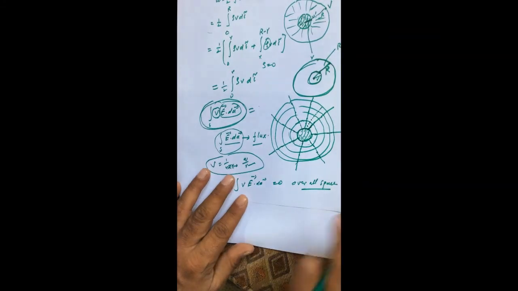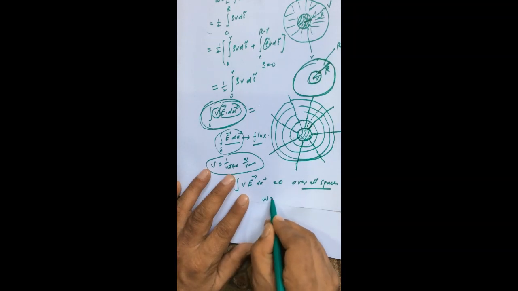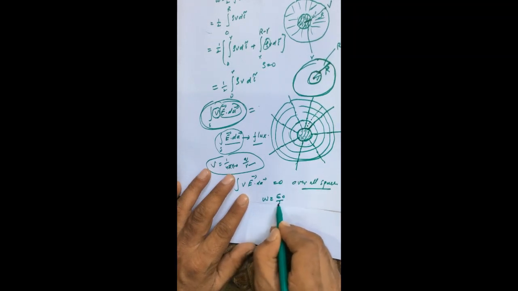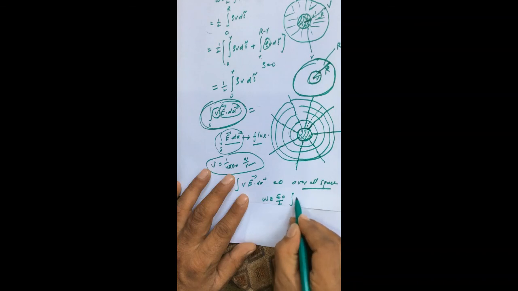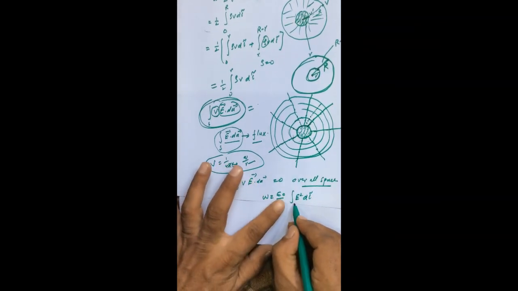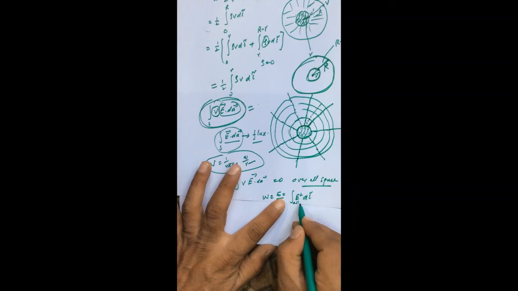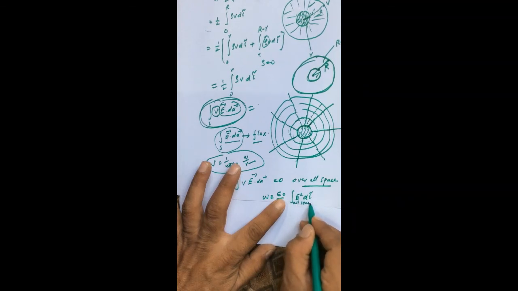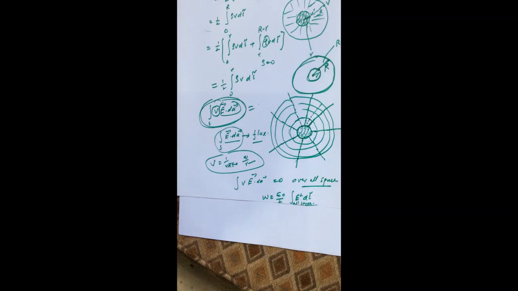Our final expression is: the work done of a continuous charge distribution is epsilon naught over 2 integral of E square d tau, and this integral includes all space. So this is the final expression.